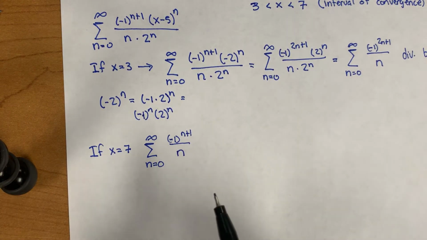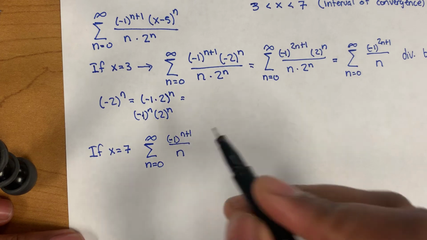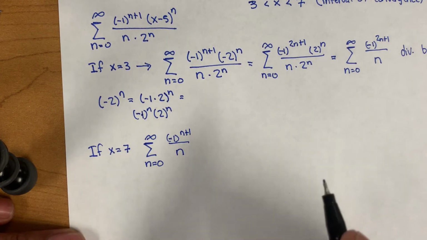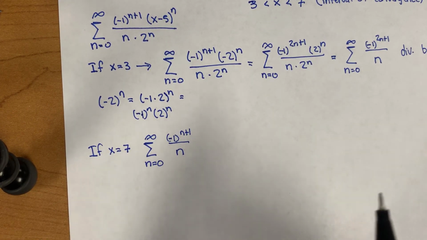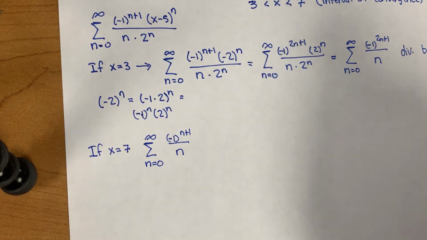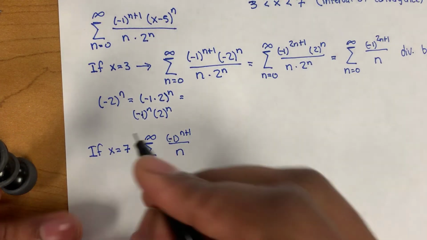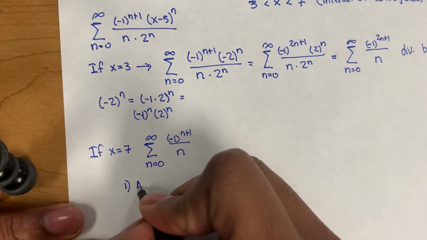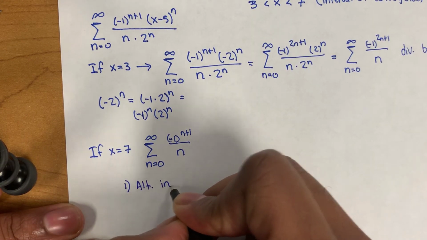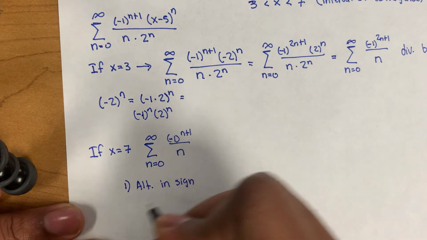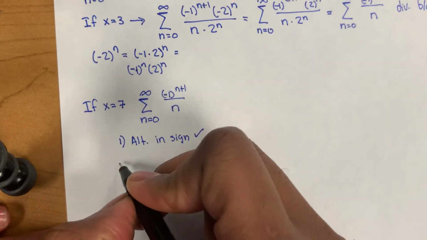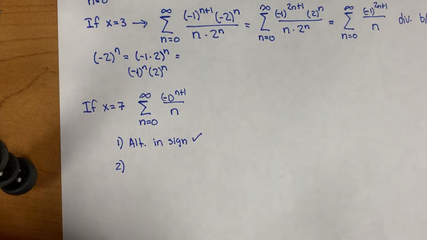So this is an alternating series. Depending upon the term we're at, we're going to have a negative or a positive answer. Remember, for an alternating series, to check if it's convergent, we have to check if the terms alternate in sign. So one, they do alternate in sign, check. The second thing is, do they decrease in magnitude?